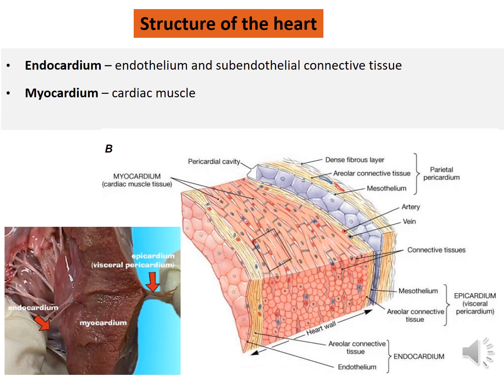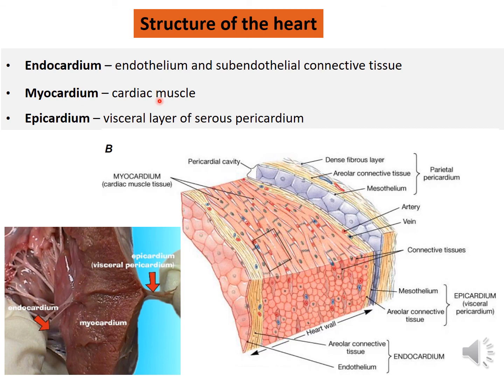Here we see briefly the structure of the heart. The heart consists of 3 layers, from superficial to deep. If you trace, the most outer layer is called epicardium. This is the visceral layer of your serous pericardium. You cannot separate this from the surface of the heart.